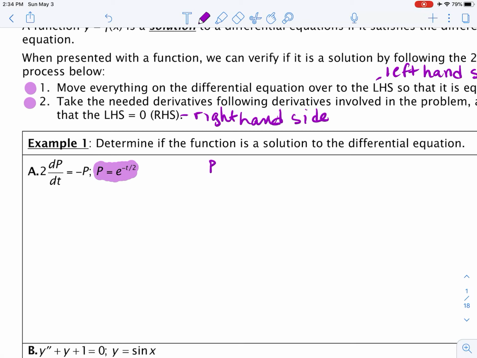If p is equal to e to the minus 1/2 t, dp/dt is equal to e to the minus 1/2 t, but then times the derivative of the inside. So we get minus 1/2 e to the negative 1/2 t.